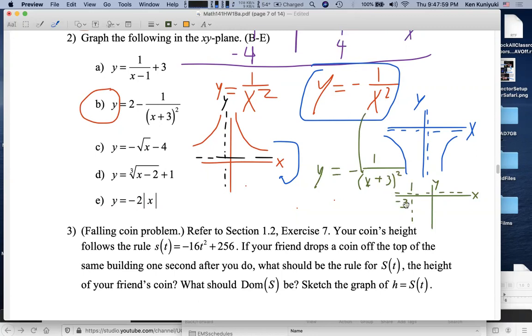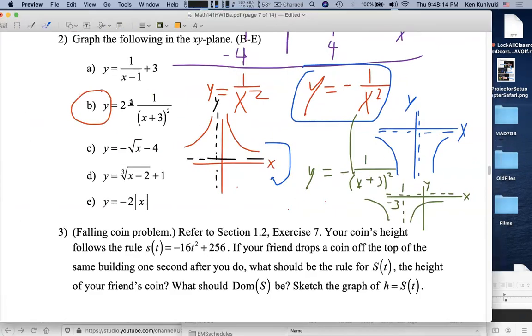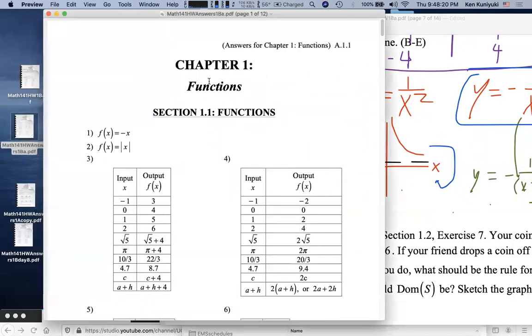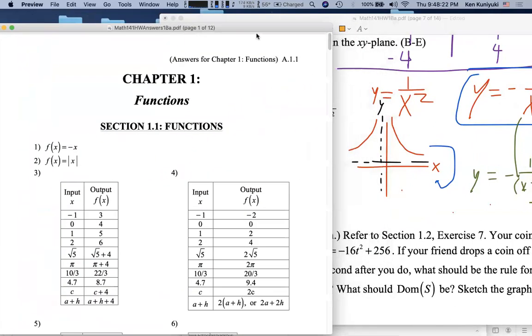So the graph shifted to the left. And finally, and I guess I can show the answer. What does the plus 2 do? Shifts it up. Right. So here's my answer using software.